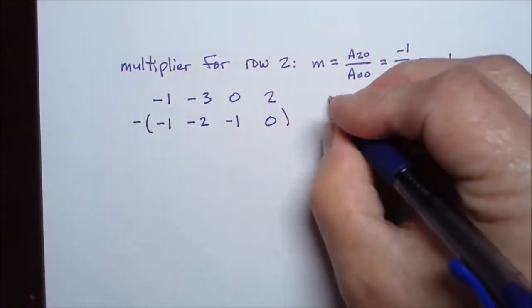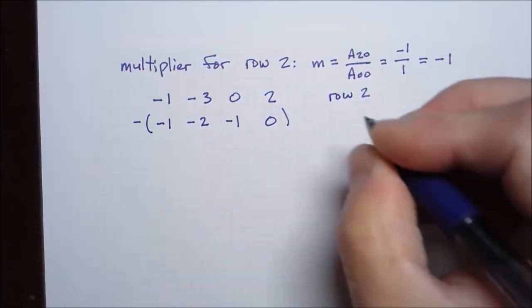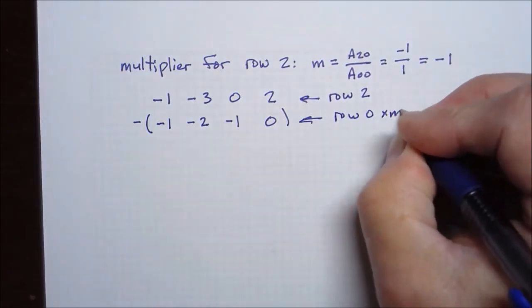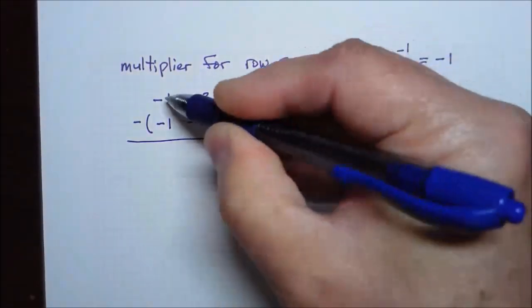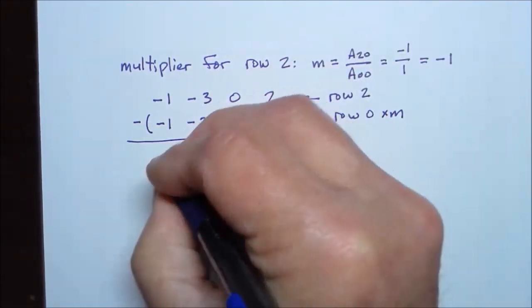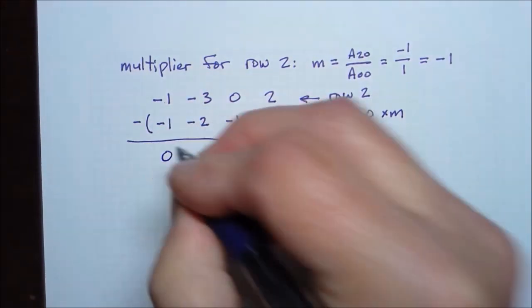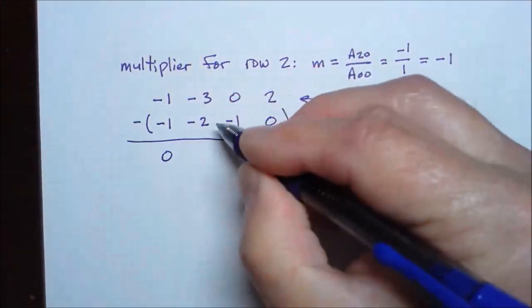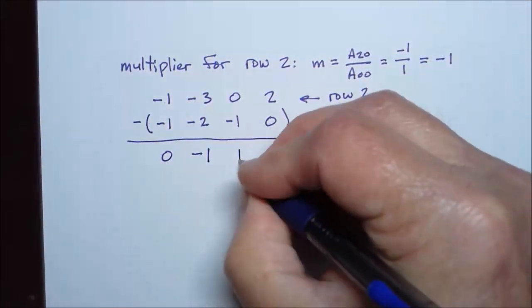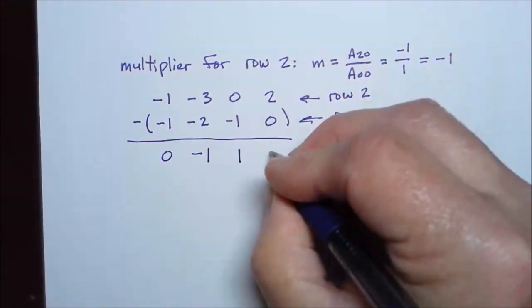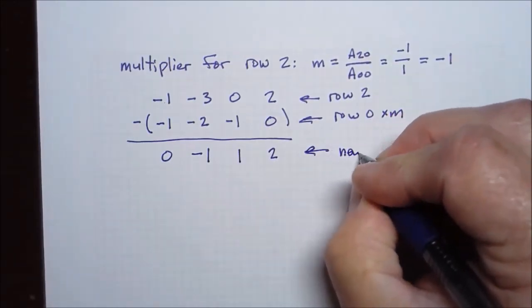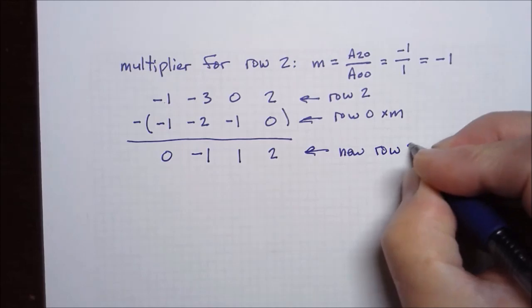So this is row 2. This is row 0 times the multiplier, and I'm subtracting now. Minus 1 minus a negative 1, so minus 1 plus 1 is 0. Minus 3 plus 2 is minus 1. 0 plus 1 is 1, and 2 minus 0 is 2. This is the new row 2.